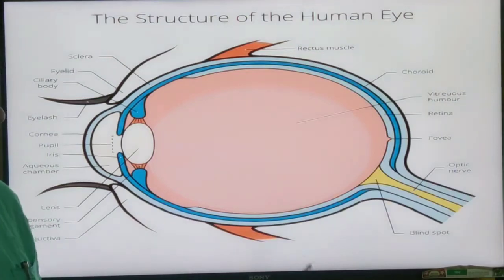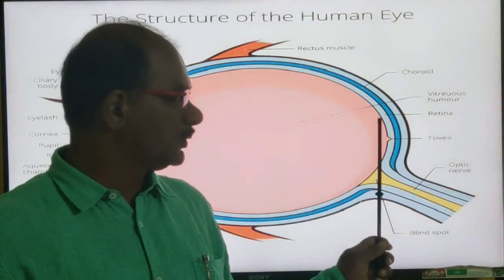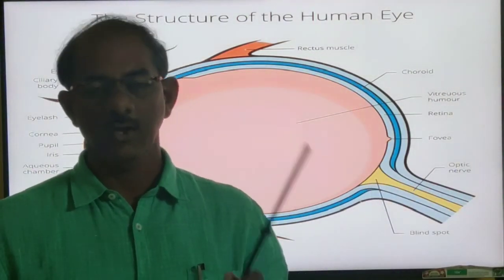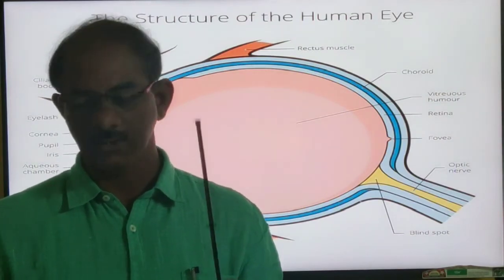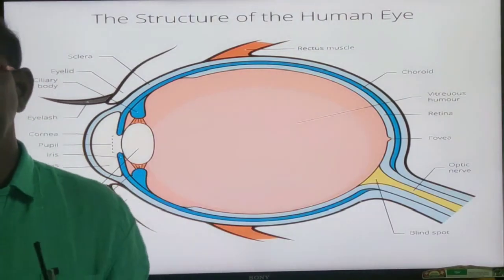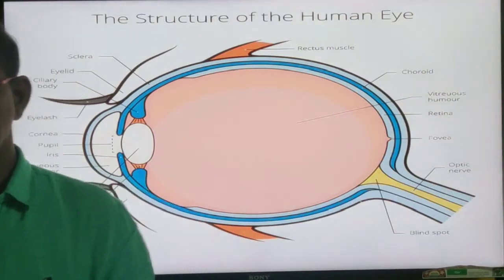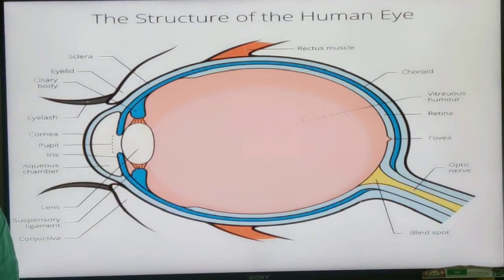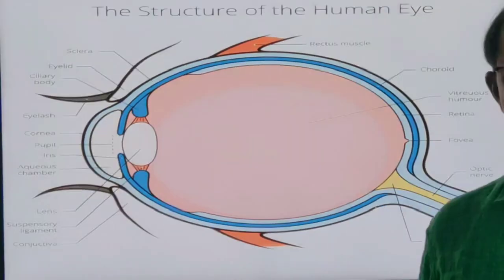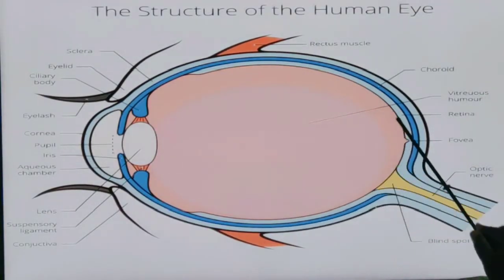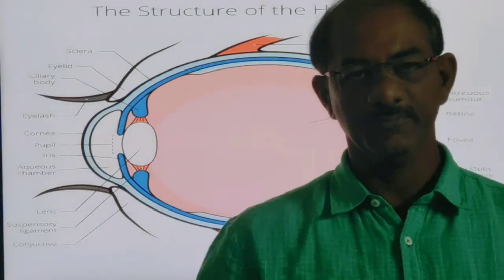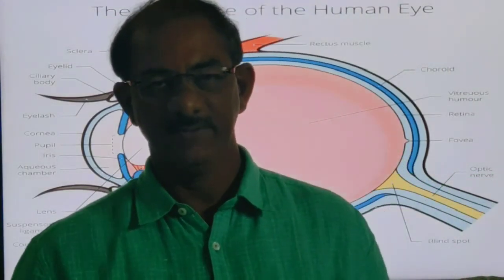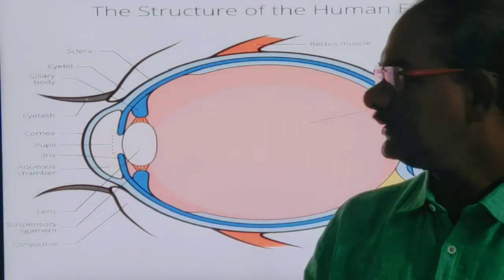So that type of cell is called a photoreceptor cell, and photoreception always occurs with the help of rods and cones. So the retina is the innermost layer of the eye, and it consists of two types of photoreceptor cells, rods and cones.